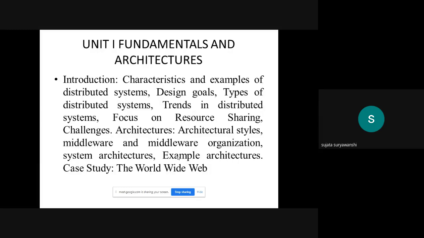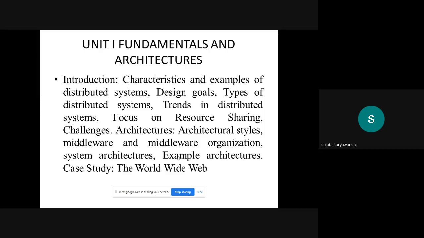After that, this is the syllabus of your first unit, that is fundamentals and the architectures. Under this unit, you will be able to know the characteristics of the distributed systems. Then we will see some examples of distributed systems, the design goals, types of distributed systems, the trends in the distributed systems, focus on resource sharing, and the challenges that come across when we design or implement any distributed system.